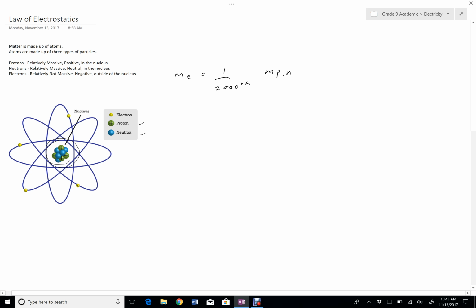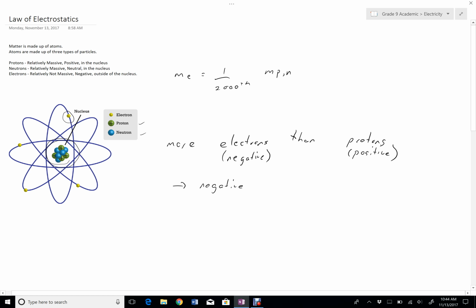So since matter has these two kinds of particles within it, positive and negative, then matter itself can become positive or negative. If we have matter with more electrons than protons, since the electrons are negative and the protons are positive, that matter becomes negative.